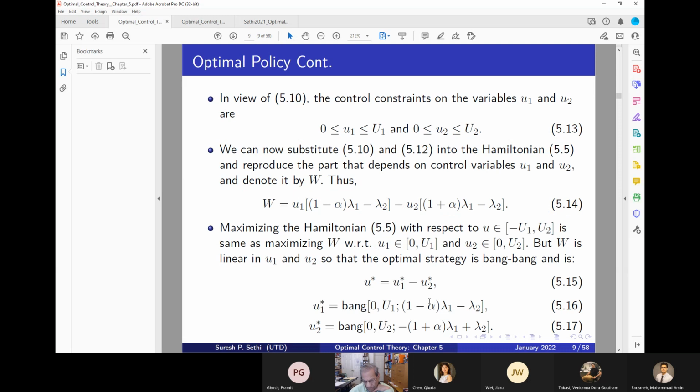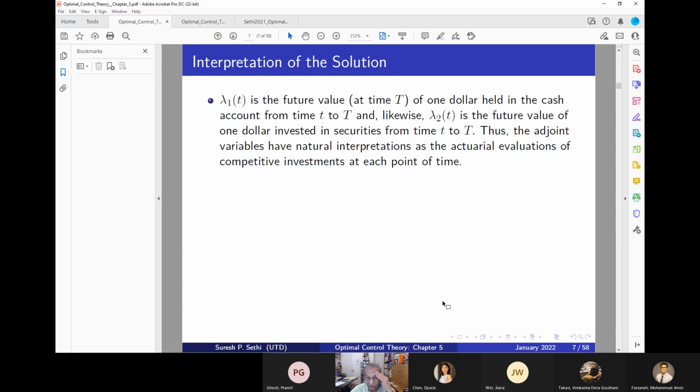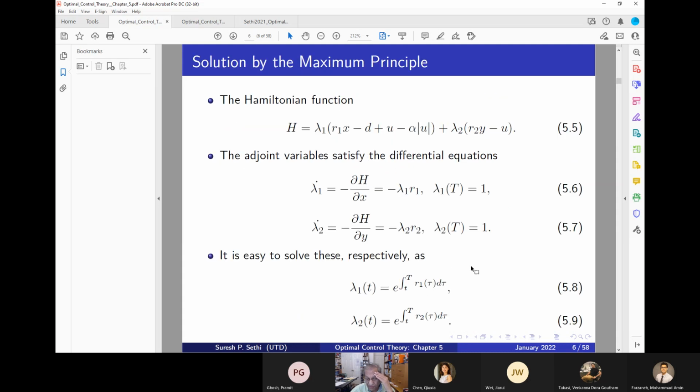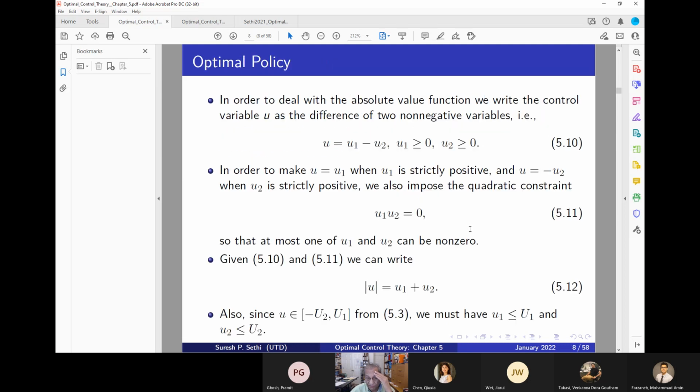If I sell $1 of securities, I get 1 minus alpha dollar of cash. And the marginal value of each dollar of cash is lambda 1, which we already told you is given by this formula. And because it's 1 minus alpha dollar, not $1, I have to multiply 1 minus alpha by lambda 1.